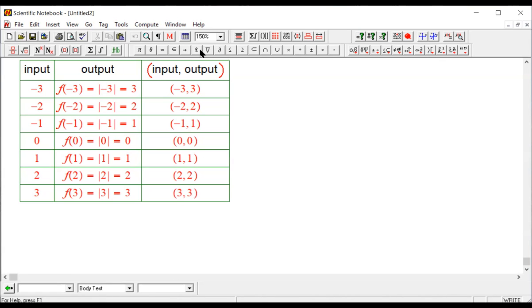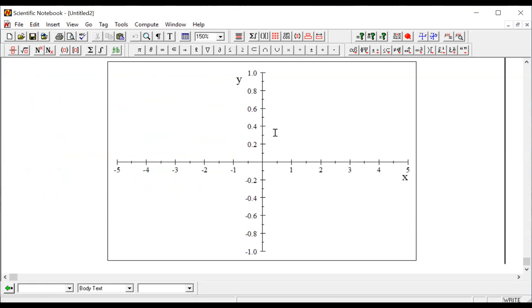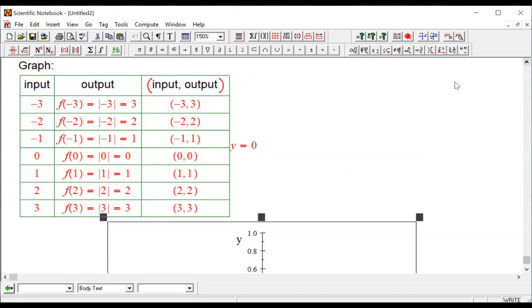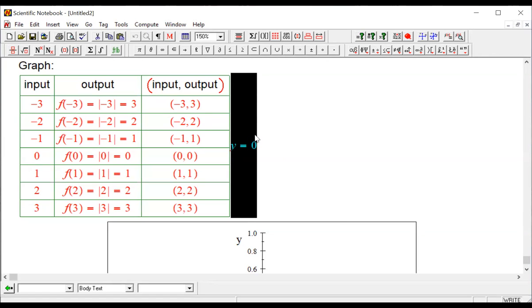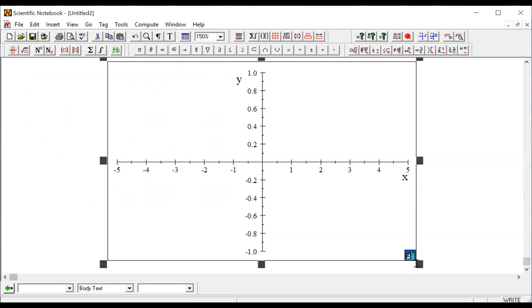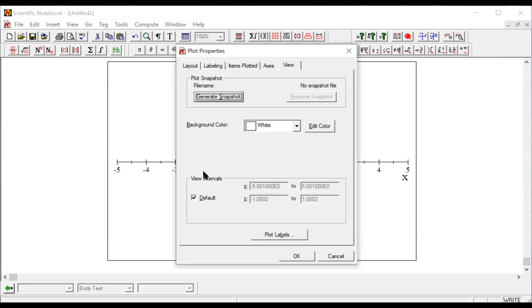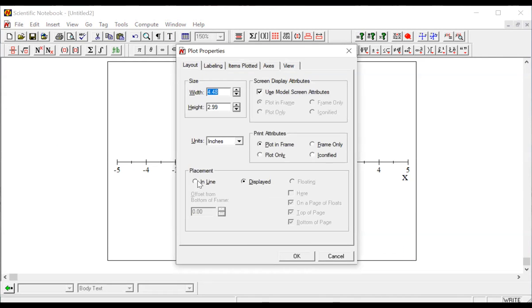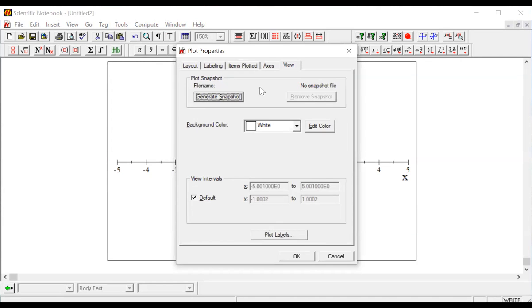So now we got lots of points, right? So let's plot these points. You may like to pause. But I'm just going to go ahead and plot these points. I'm going to organize my rectangular system.